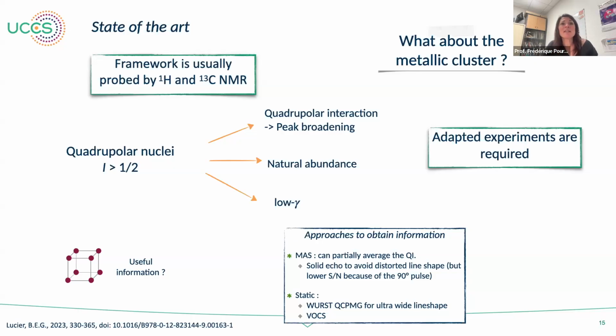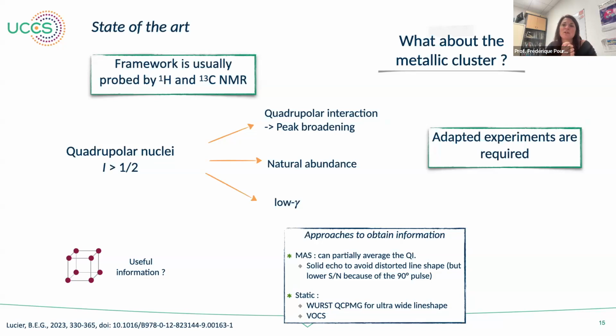We will see that it's possible to obtain information either by doing MAS experiments using a solid echo, for example, where you partially average the quadrupolar interaction, or by doing static experiments using the WURST-QCPMG for ultra-wide line.